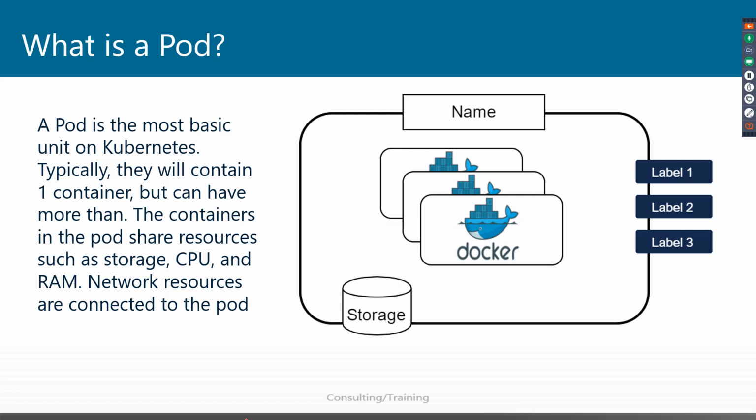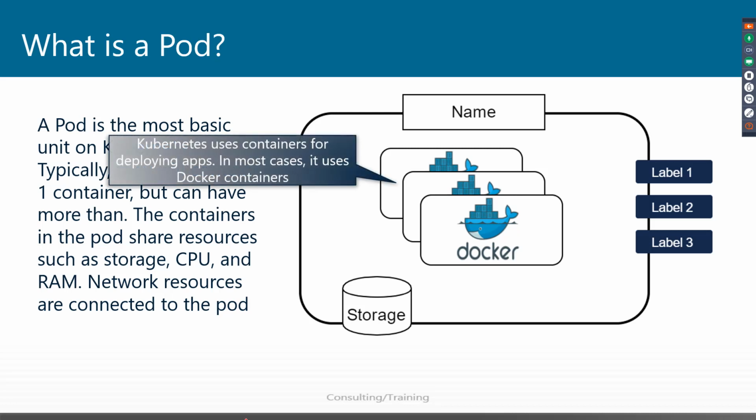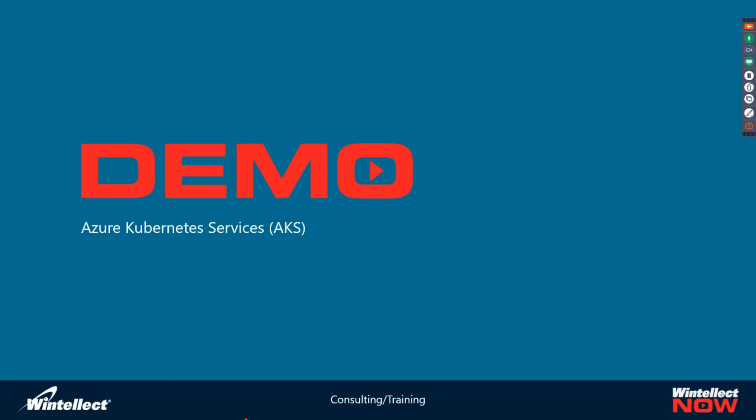We have an ongoing series on our YouTube channel where we're doing a deep dive into Kubernetes, and I'm going to be posting another video soon about storage. We'll be unpacking Kubernetes as a service on Azure, as well as some of the other container options, on our YouTube channel to go along with this webinar. And then, of course, Kubernetes uses containers for deployments of apps running Docker containers.